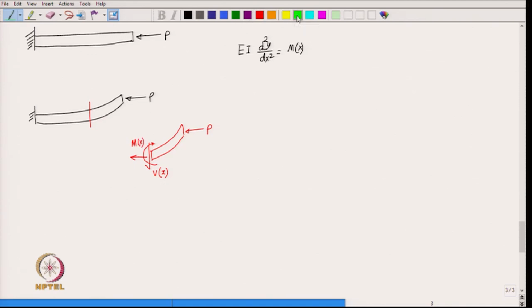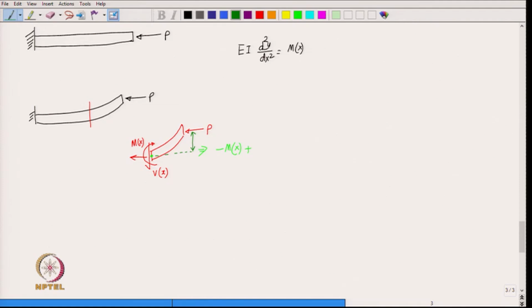And if we find out moment balance about this green point, then we have minus M of x plus the moment due to this load P, and how much is that going to be? You see, it is P times this length, the vertical length, which is the difference of the deflection of the tip and the cross section at x.